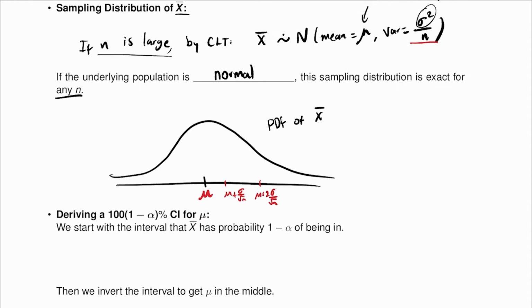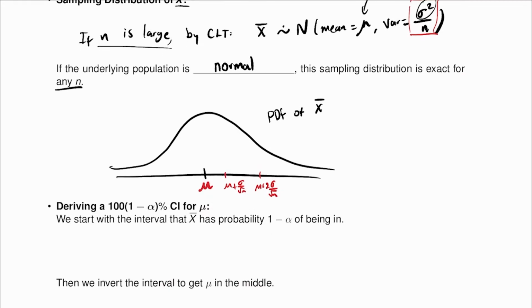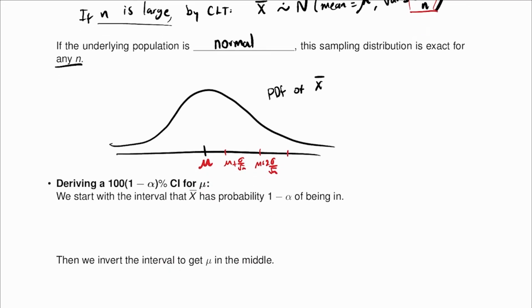Remember that the standard error is the square root of the variance, so it's sigma over the square root of n. And here we have mu plus 3 times sigma over square root of n, and we have the negatives. Sorry, it's mu minus sigma over square root of n, mu minus 2 sigma over square root of n, and mu minus 3 sigma over square root of n.